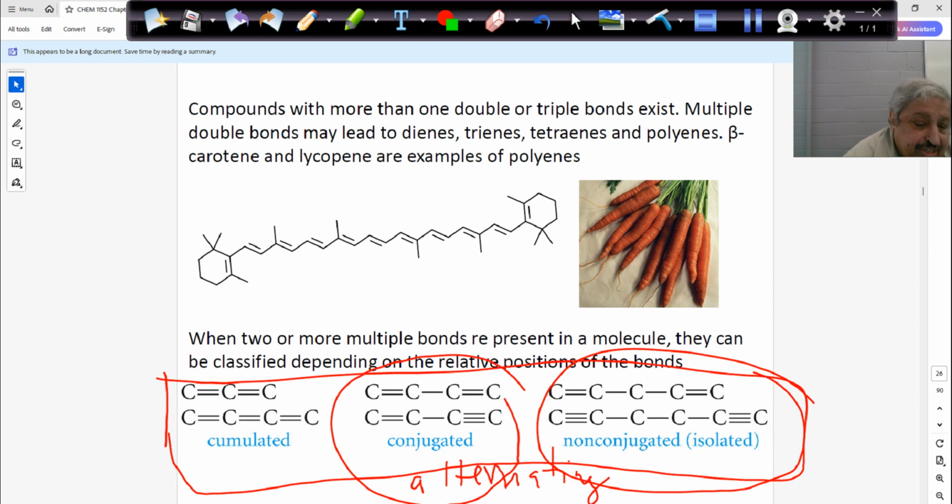But some of them just have double bonds all over the places. That's cumulated or additive double bonds. Those are the three types of settings of the double or triple bond. I think we answered that a long time ago, last week or so.